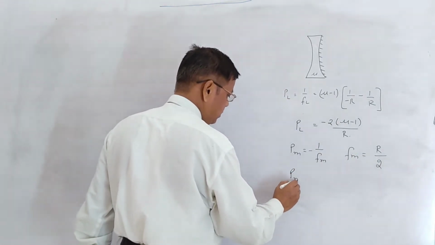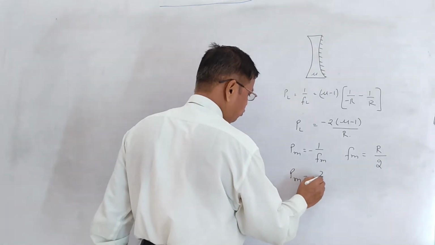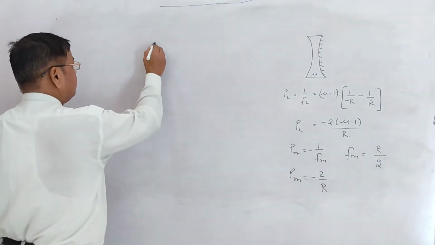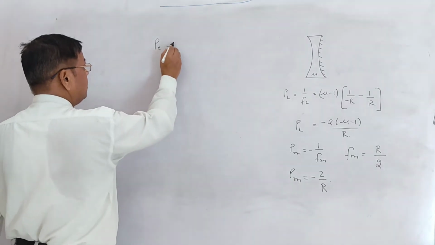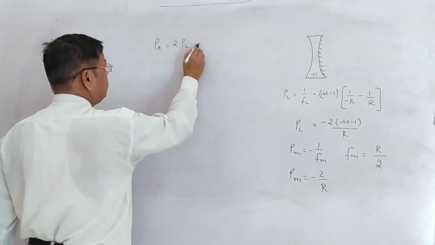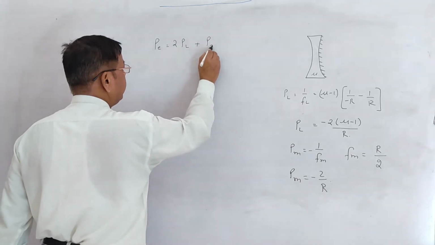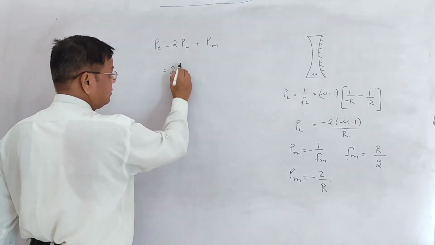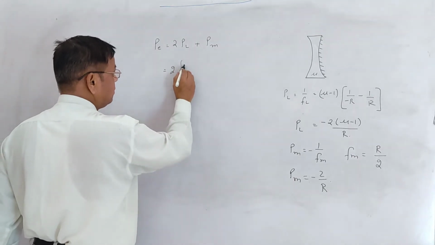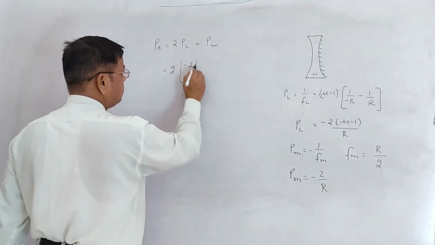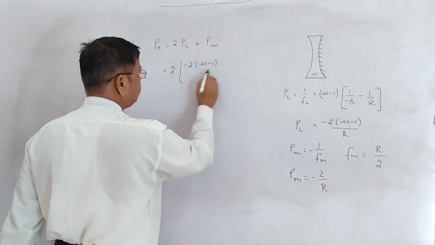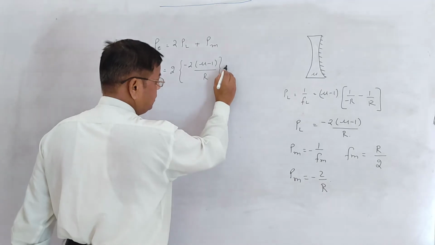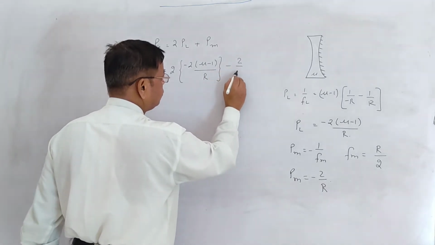So P of mirror will be minus 2 by R. Now P effective is twice PL plus PM. So 2 times PL is minus 2 mu minus 1 upon R. Now P mirror is minus 2 upon R.